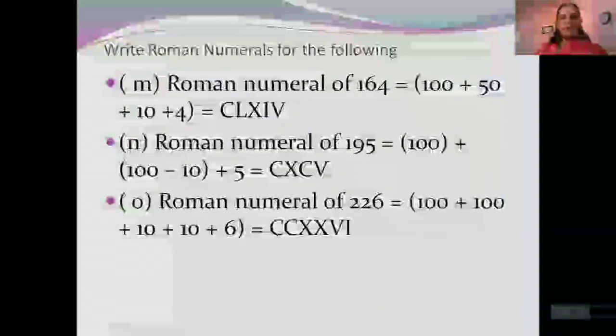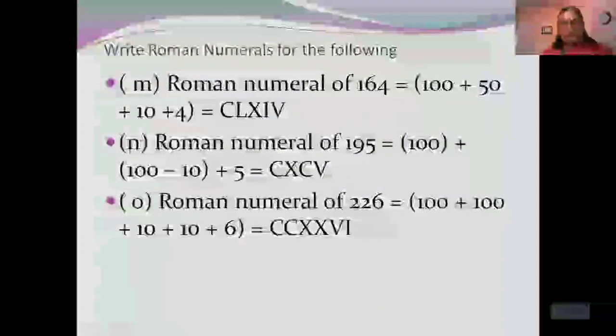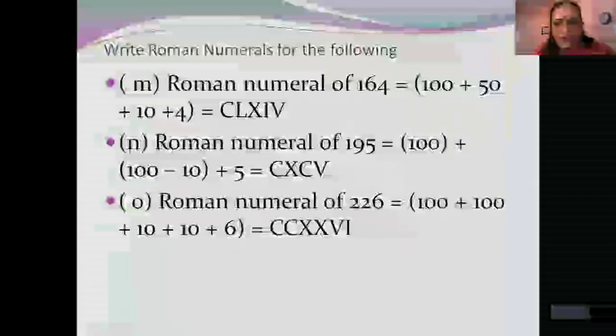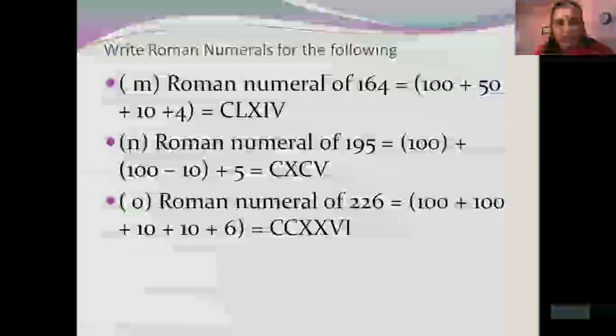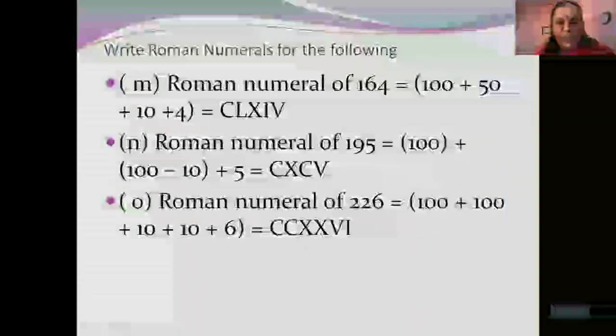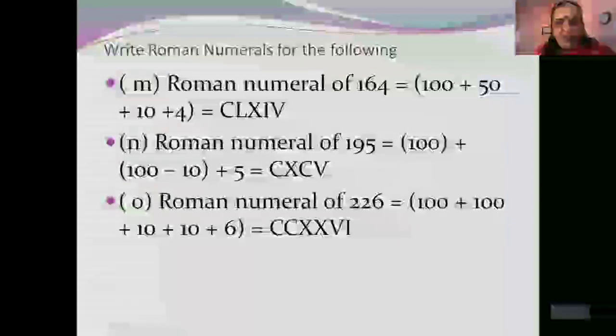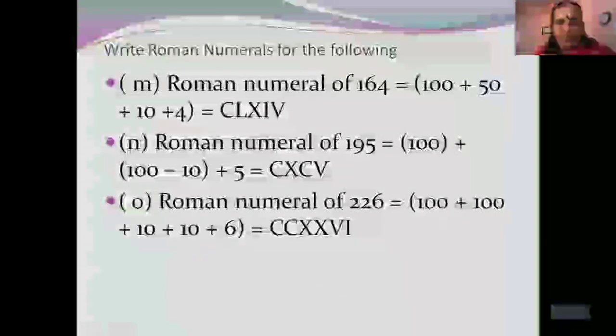We are going to write Roman numerals for some more numbers. 164 is 100 plus 50 plus 10 plus 4, that is C, L, X and IV. C is 100, L is 50, X is 10 and IV is 4.